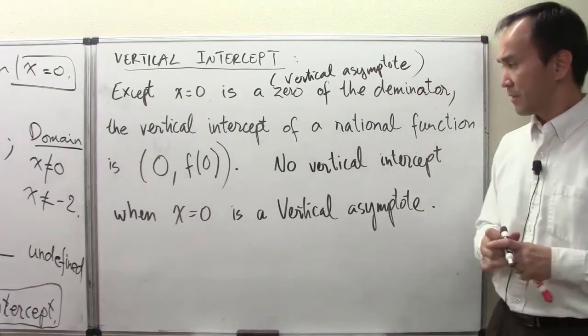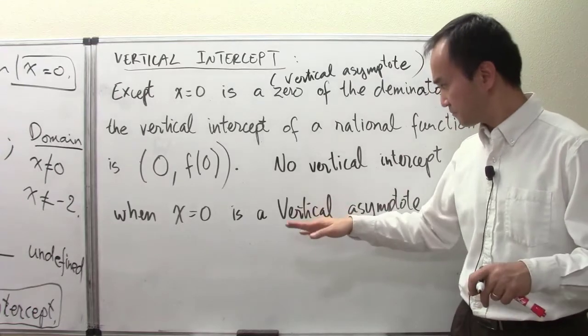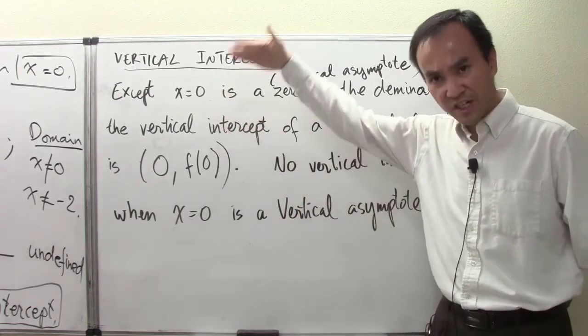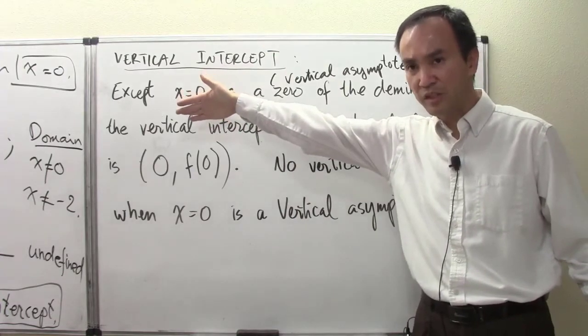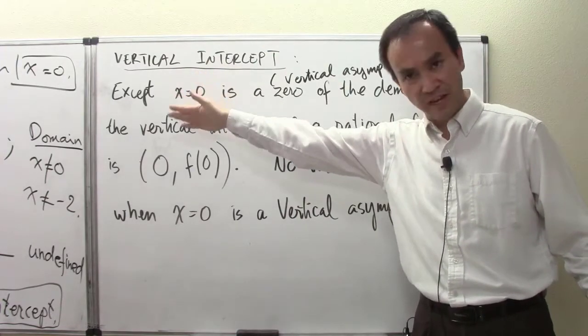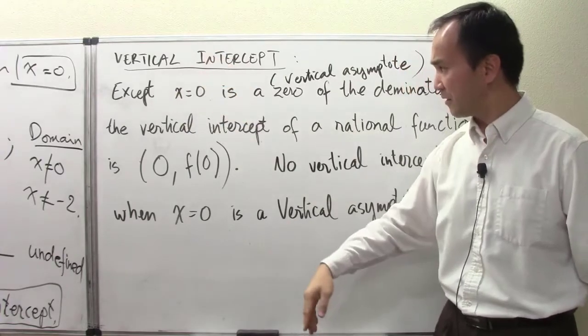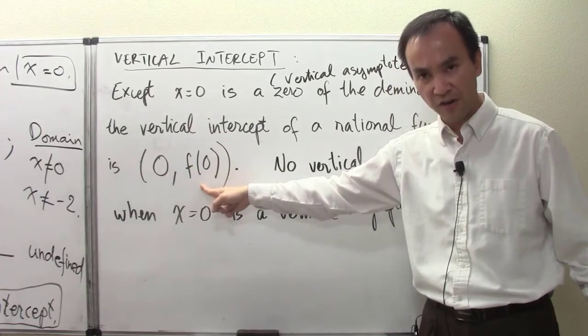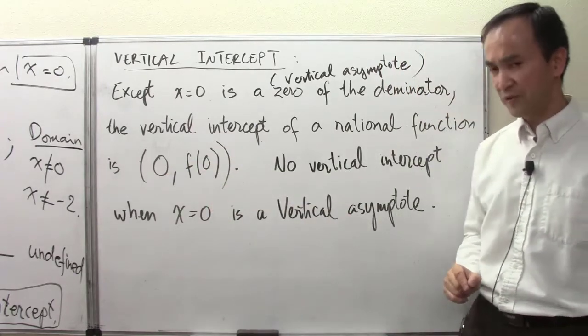So in this way, generally it works just like when we find vertical intercepts for any other function. We're gonna let x equal 0, and plug that into our function to find the output value.